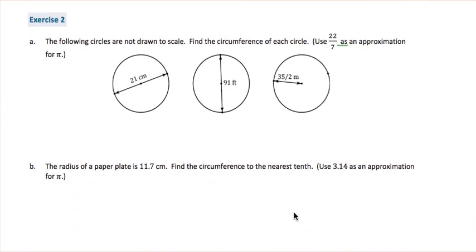In exercise 2, the following circles are not drawn to scale. You're going to find the circumference of each circle using 22/7 as the approximation for pi. So what we'll need to do is to multiply the diameter times pi.